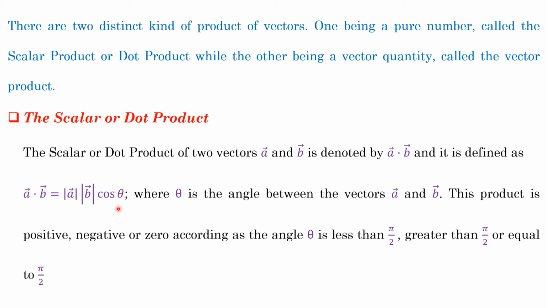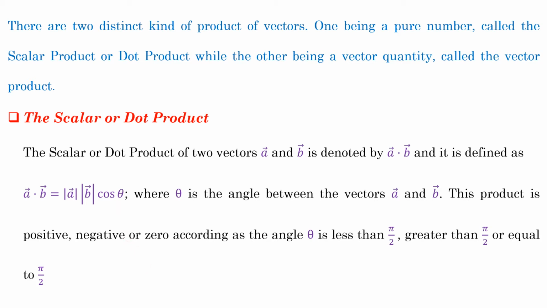The dot product will be equal to 0 if the angle between them is pi by 2, meaning the two vectors are mutually perpendicular, because cos pi by 2 is 0, so the entire product is 0.